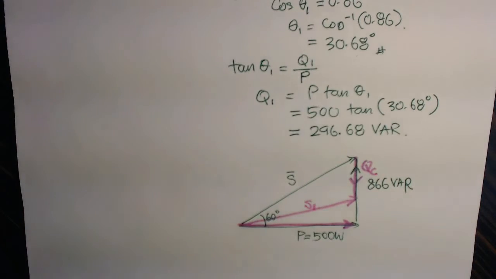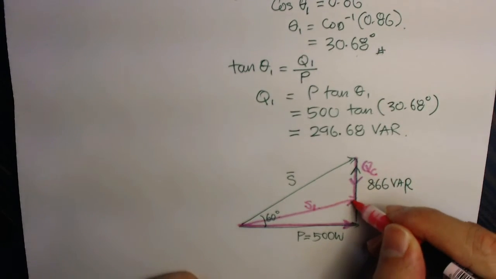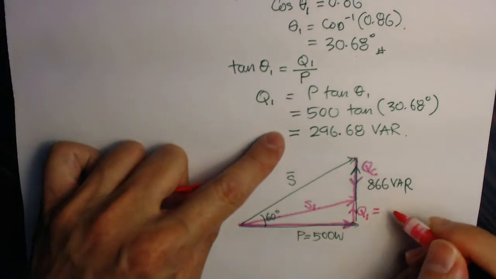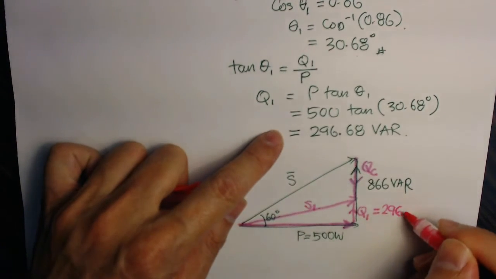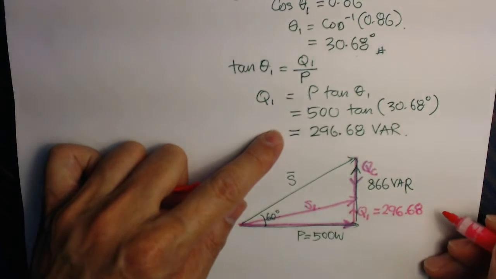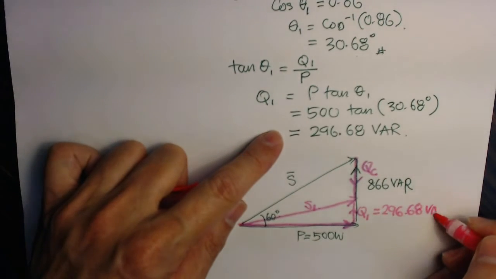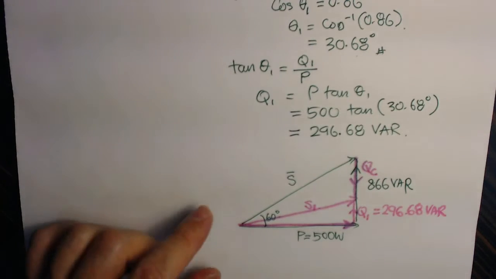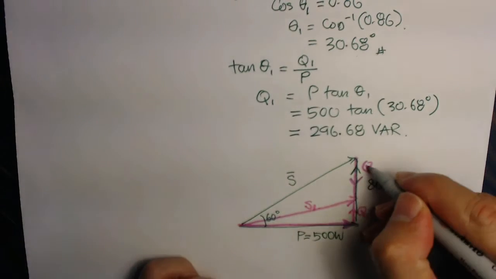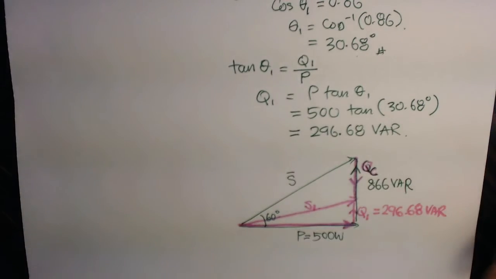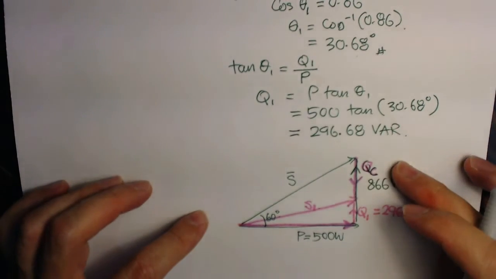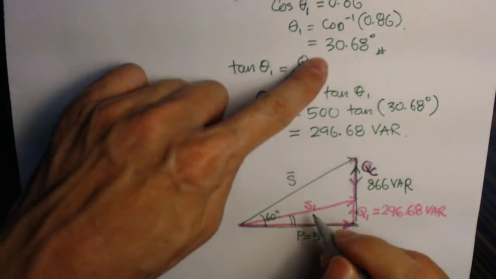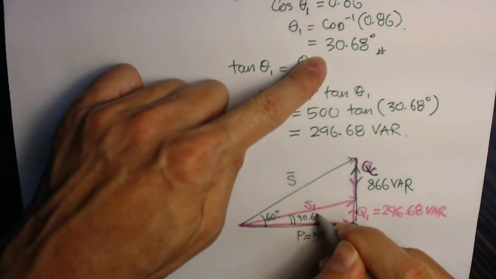The new reactive power here, Q1, we only need 296.68. That means I must find a way to provide this new reactive power in the form of a capacitor, so that I can move this down and give me a new angle of 30.68 degrees.